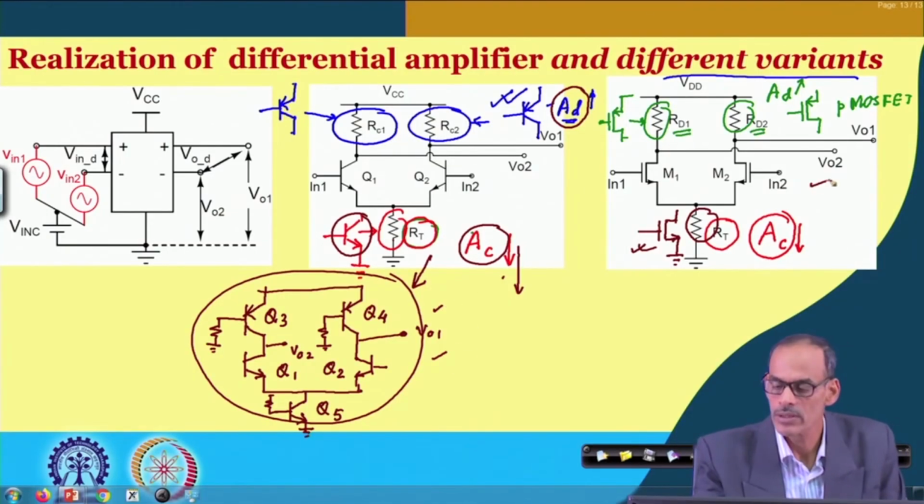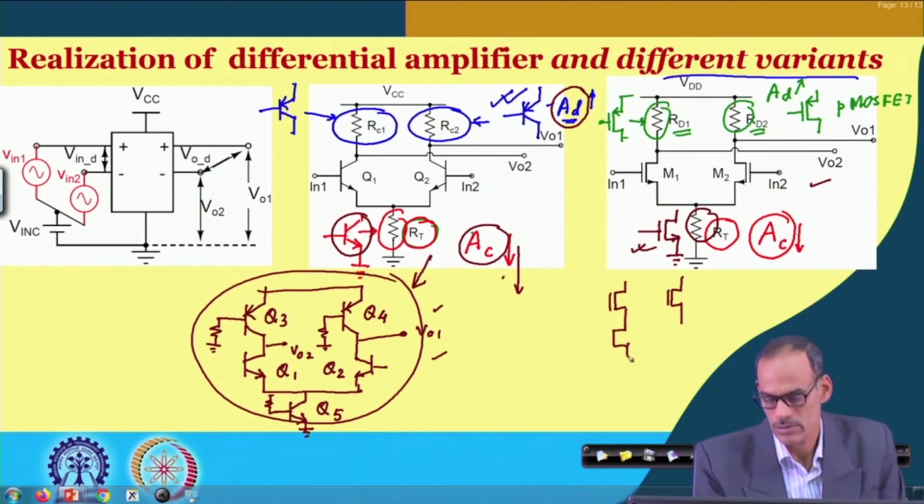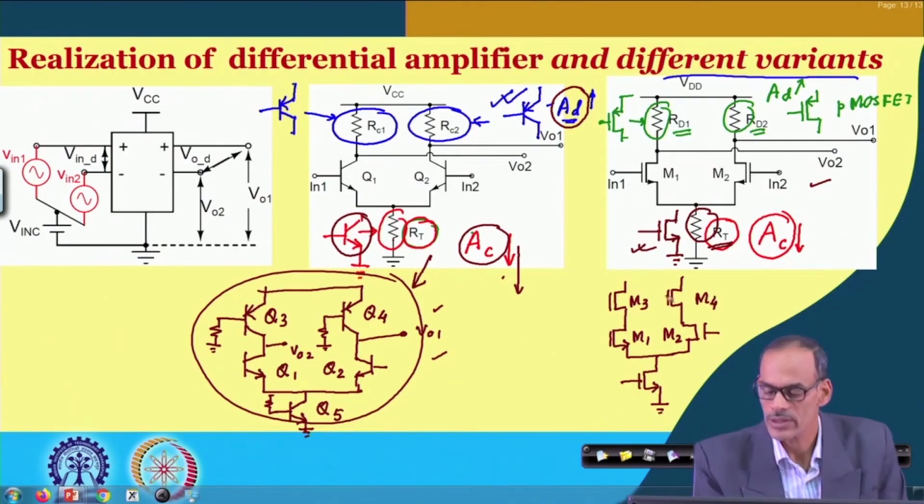Same thing, you can get the active version for both the load as well as the lower tail resistor. So, we have the differential pair here, and then we have the tail transistor. By the way, this RT is referred to as the tail element, or tail transistor. So, we have M1 and M2 identical, and M3 and M4 identical. Of course, here we should have meaningful bias.